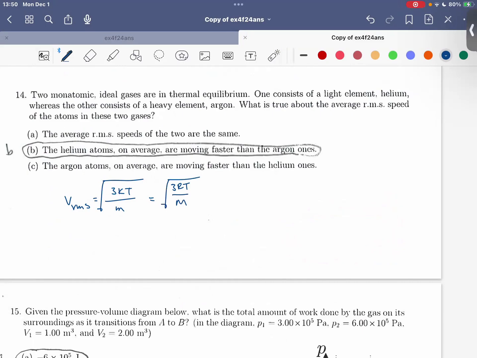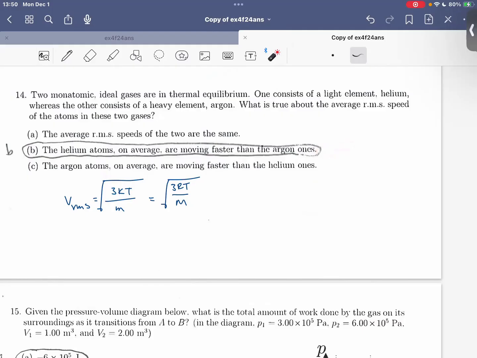So if we have a heavy element, we have a larger mass, right? You can see in this first equation, you have mass on the bottom, which means that mass is inversely related to velocity, which is where you're going to get this from, where the lighter atoms move faster than the heavier atoms.